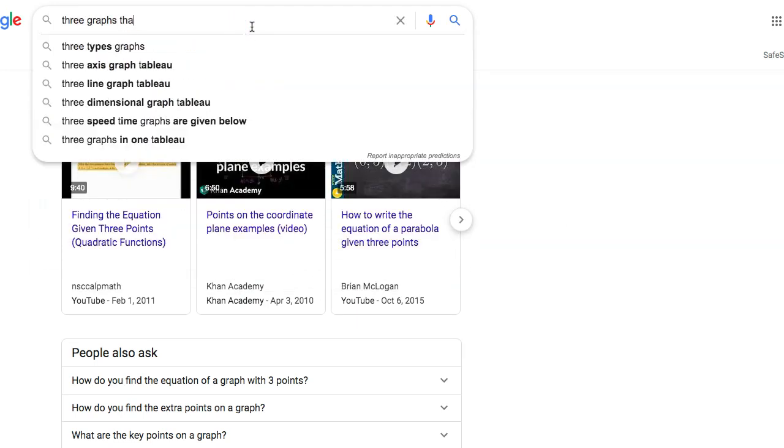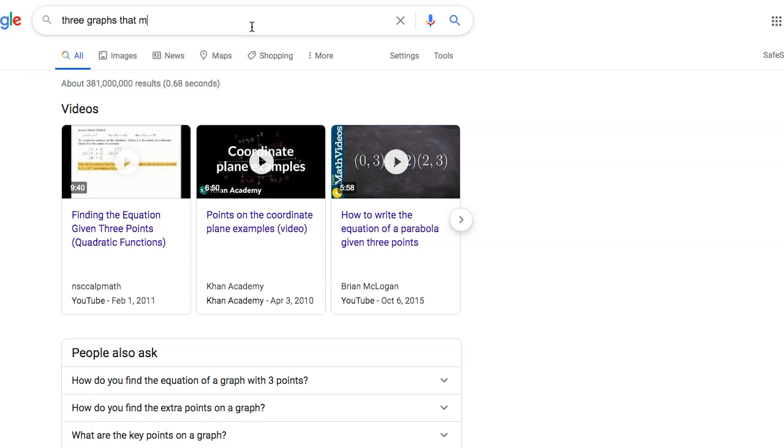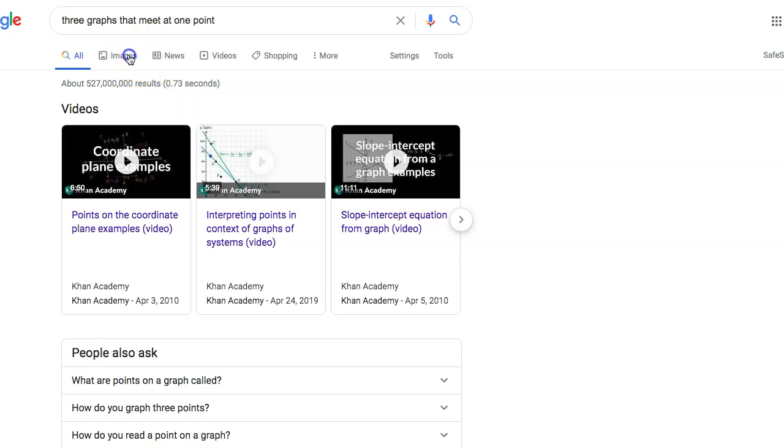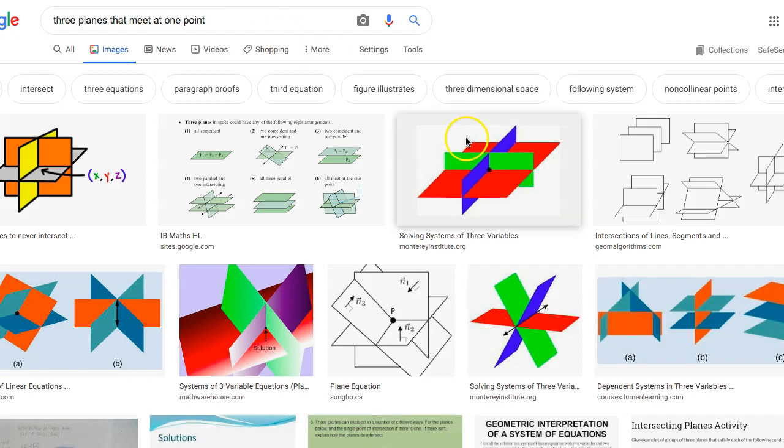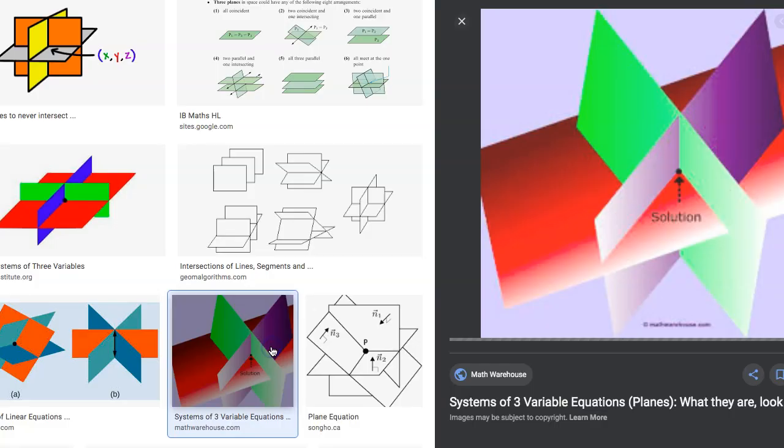My logic is going out the window. No, 3 planes. 3 planes that meet at 1 point. That would be super duper nice.